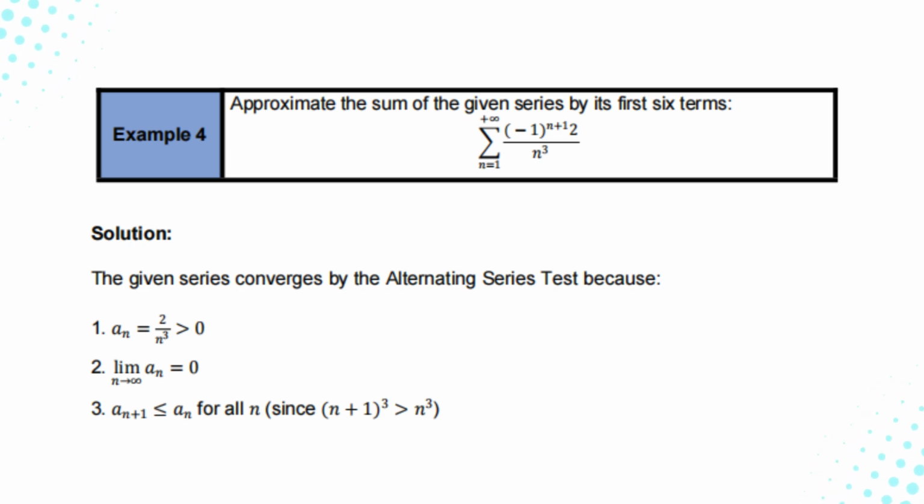Second, the limit of a sub n is equal to 0 as n approaches positive infinity. And third, a sub n plus 1 is less than or equal to a sub n for all n since the quantity n plus 1 cubed is greater than n cubed.